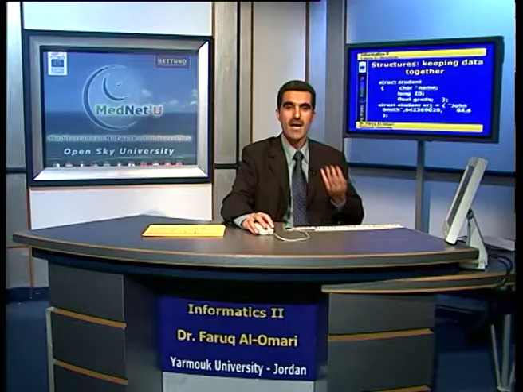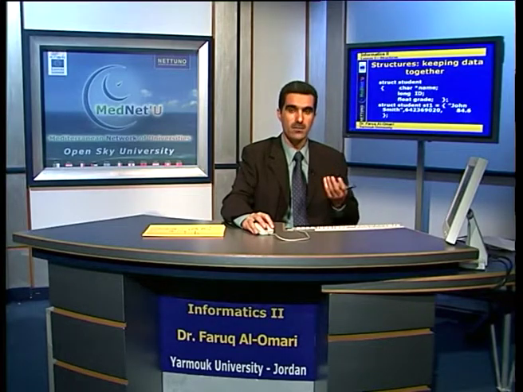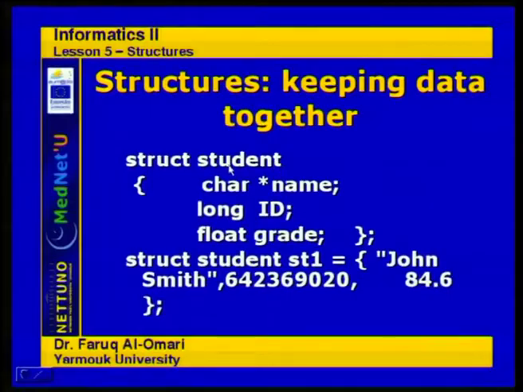Okay, I want to define a variable of type student, and then assign values to it. And that's why I'm defining st1 to be my first variable, student number 1, and this variable is of type struct student. So st1 is the variable, and student is the user-defined data type of type structure.